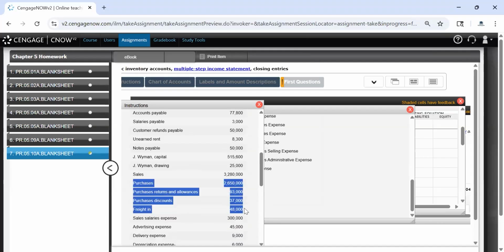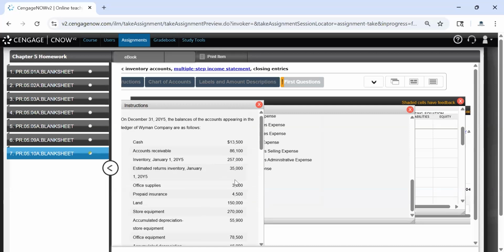Instead of closing out cost of goods sold as our cost of goods sold expense to net income, these purchases, purchase returns and allowances, purchase discounts, freight in, these amounts we're going to have to close out on our own.